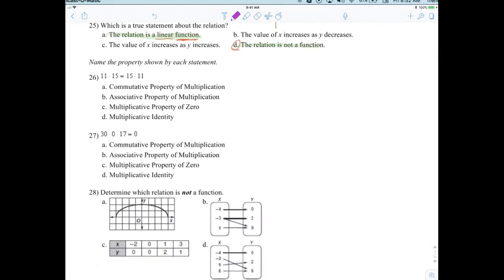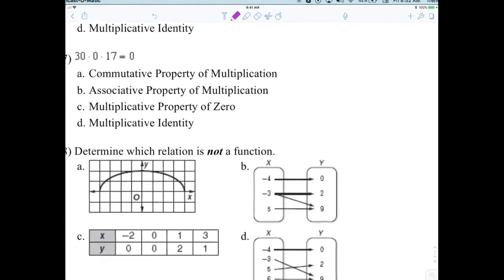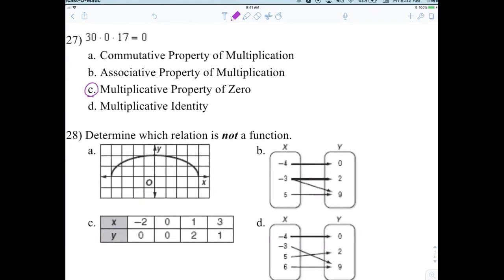So now the properties are just information. Either you remember them or you don't. This is called the commutative property. Very good. And it's the commutative property of multiplication. 30 times 0 times 17 is always 0 because that's the zero property. Exactly. Or the multiplicative property of 0.